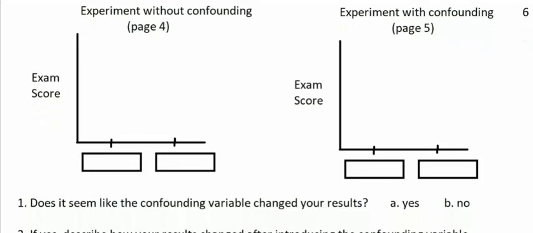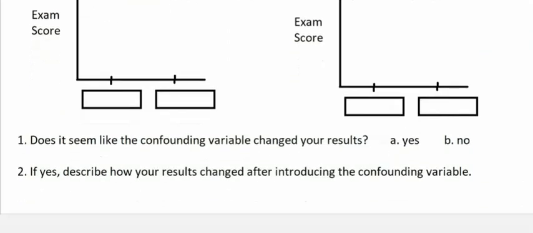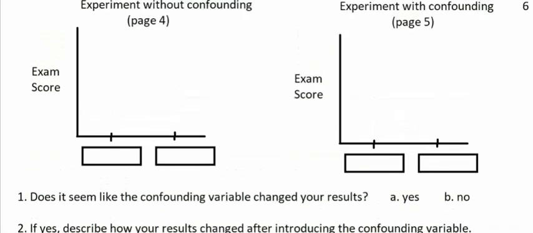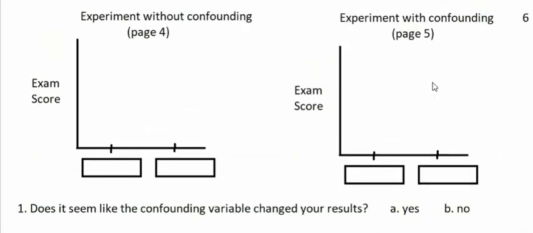And then this says, does it look like the confounding variable changed your results? So what you need to do is decide if your results on page 5 look different from your results on page 4. Basically decide if you think that the confounding variable threw off your results on page 5 and made them look different than they did on page 4.